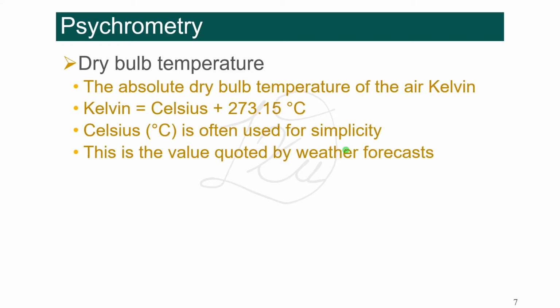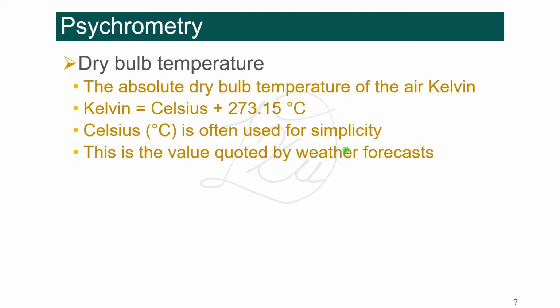So we will need dry bulb temperature. It is the dry bulb temperature in Kelvin. The conversion from Celsius degree to Kelvin is Kelvin equals to Celsius plus 273.15. Celsius or Fahrenheit temperature are normally measured in a ventilation survey. Make sure you convert it to Kelvin temperature in the psychrometric calculation.